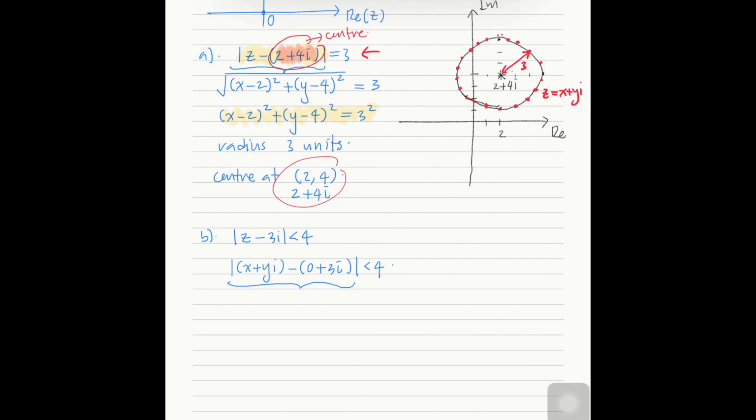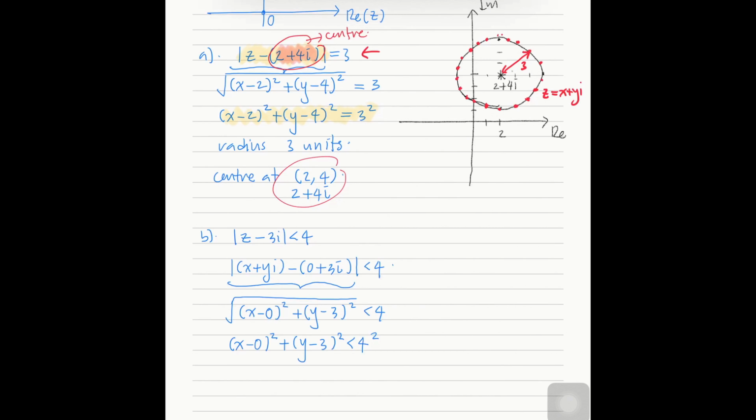We can find it by using the modulus formula or Pythagoras theorem. So the square root of (x minus 0) square plus (y minus 3) square less than 4. If we square both sides, we have (x minus 0) square plus (y minus 3) square less than 4 square.